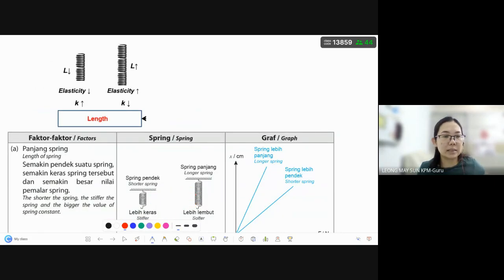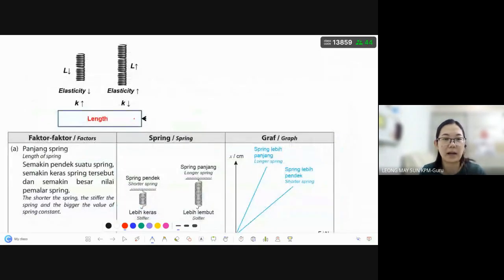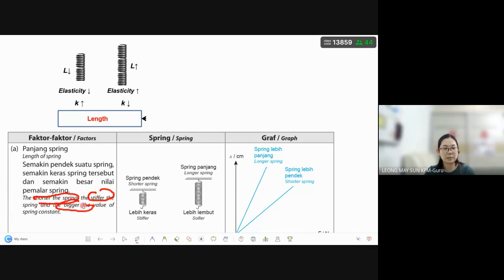Okay, so now let's start. The first one is actually elasticity. This is what the textbook gives us. This is what I add on some more. Now, over here, the length of the spring: the shorter the spring, the stiffer the spring, and the bigger the spring constant value.